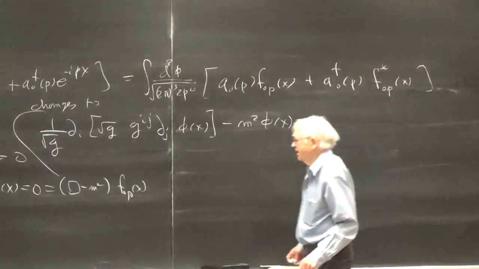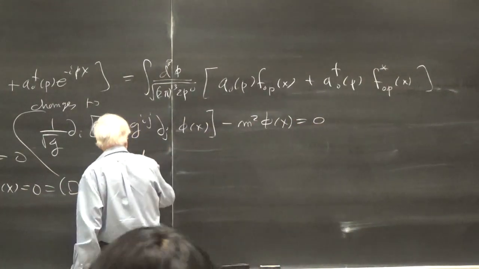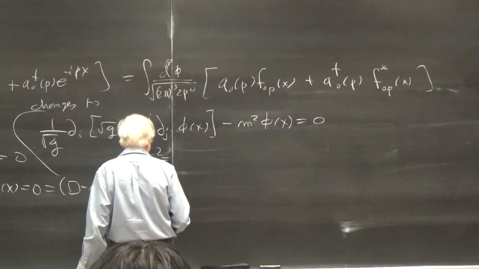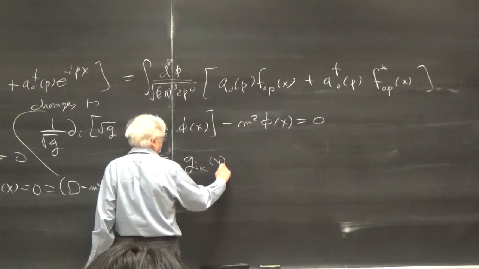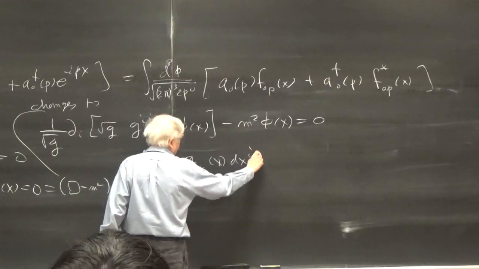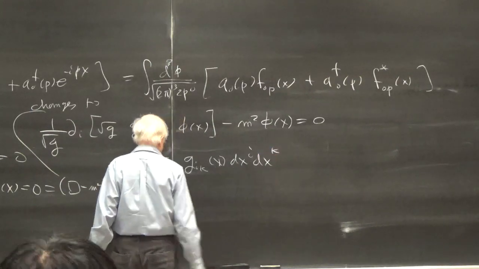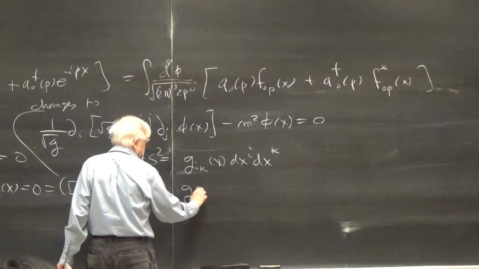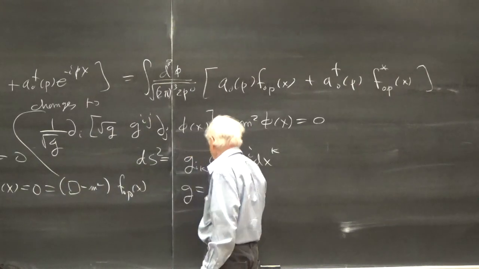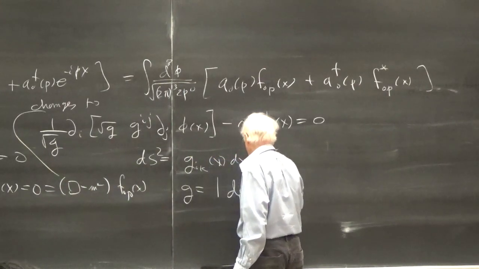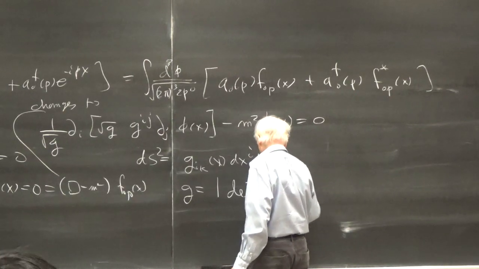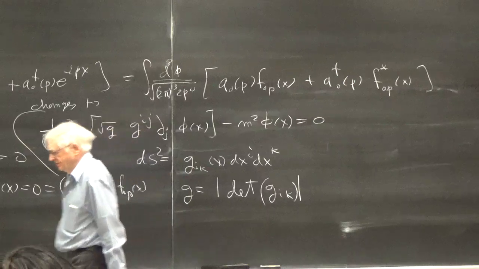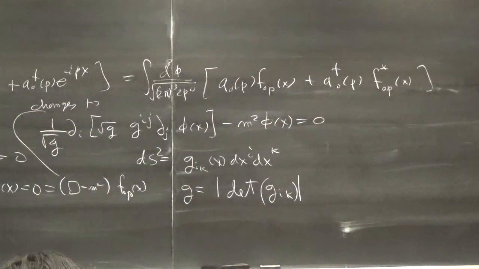And here, by curved space, what we mean is that the invariant distance is g_ik of x dx^i dx^k. G is the absolute value of the determinant of the metric. Different people use different notations.